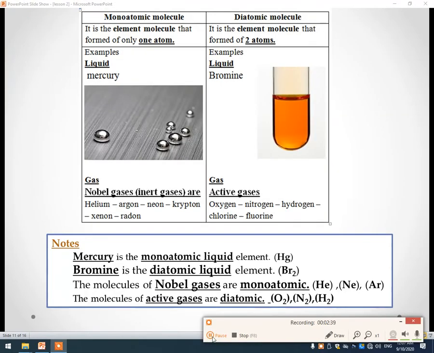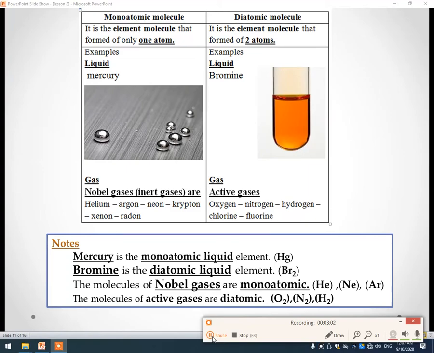Okay, we said that the element molecule may consist of one atom or more than one atom, but they must be similar. So the element molecule that consists of one atom only is called a monoatomic molecule. The word mono means one.